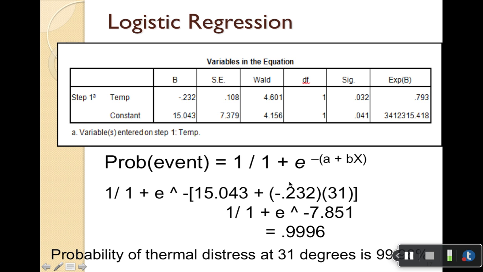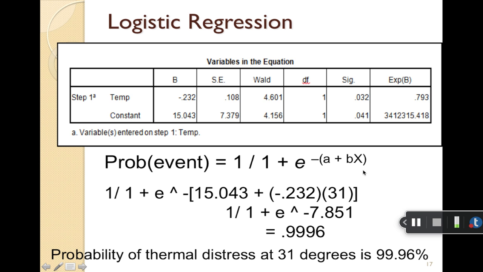Here I've broken down that logistic model equation. All I did was plug in the intercept for A, the coefficient associated with temperature, negative 0.232, for B, and for X, I've plugged in 31 degrees because that's the temperature we're interested in predicting for.